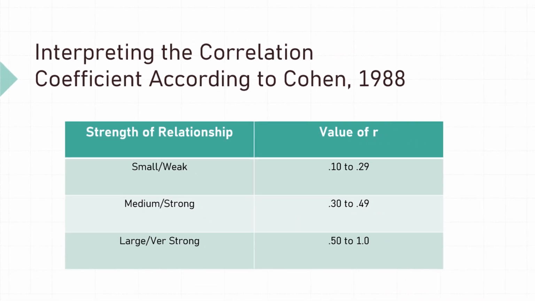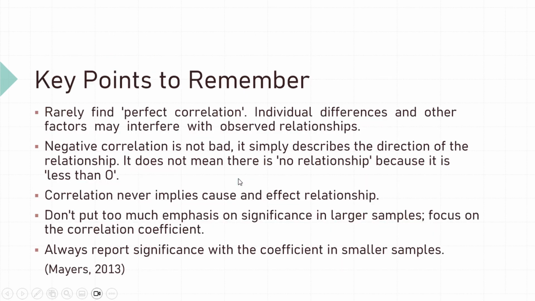Interpreting the correlation coefficient according to Cohen's 1988 formula: if the value of r is 0.10 to 0.29, we say that the relationship is weak or the strength of the relationship is small. Similarly, if it is 0.30 to 0.49, the relationship is moderate. And if it is 0.50 to 1, we say that the relationship is very strong.